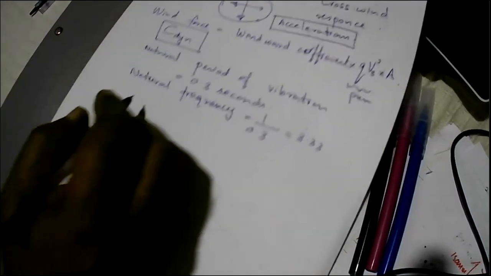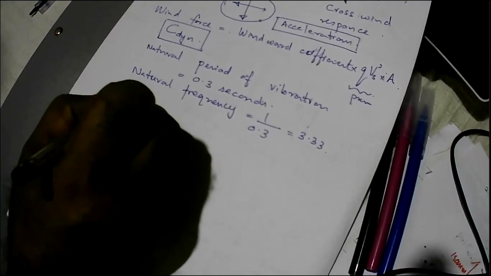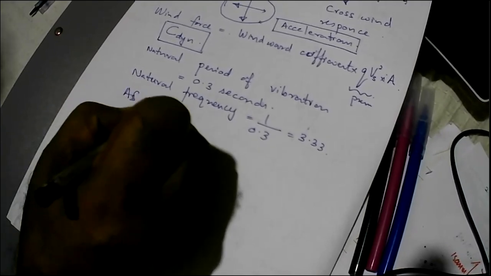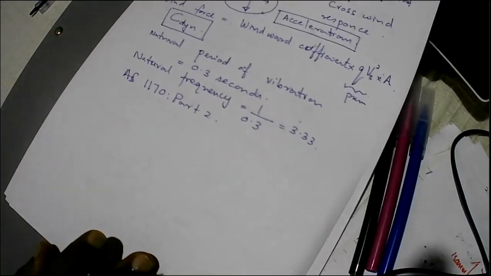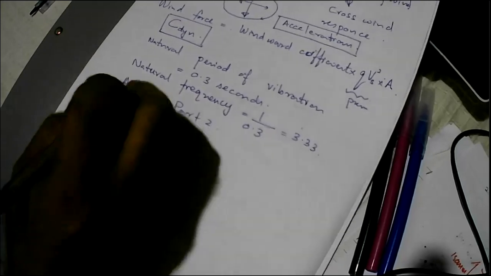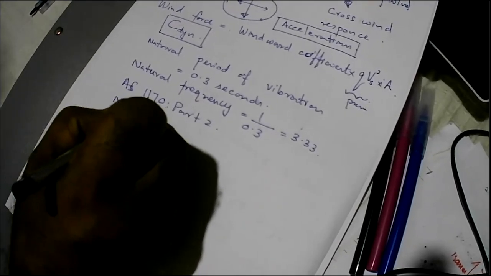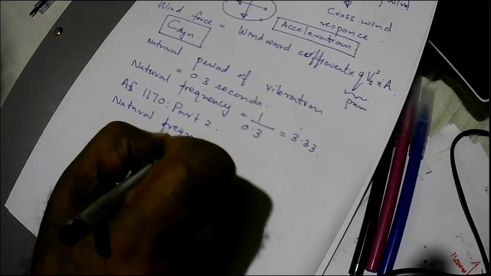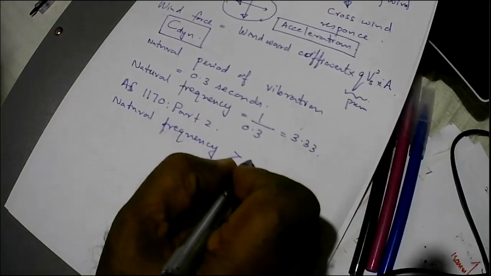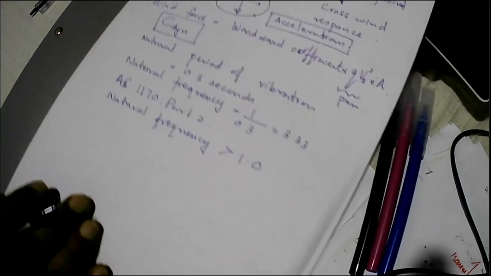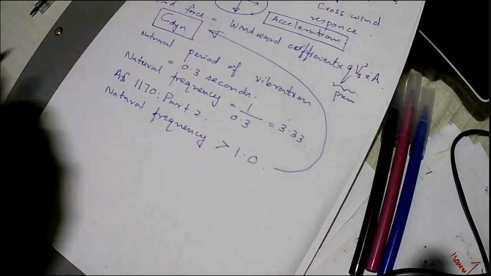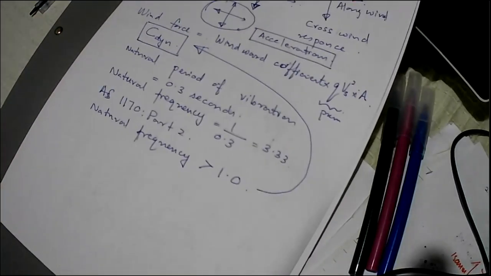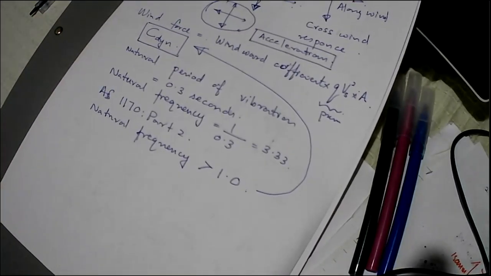So the Australian code 1170 part 2 states that when the natural frequency is greater than 1, you have to consider these dynamic effects, and the wind force can be multiplied by the dynamic effects.